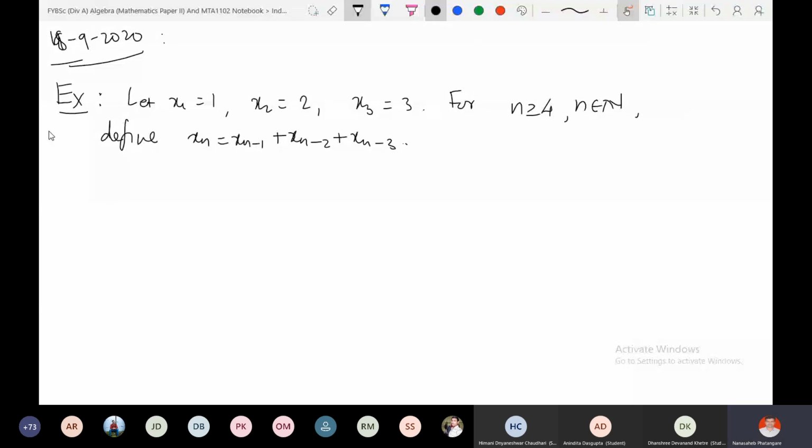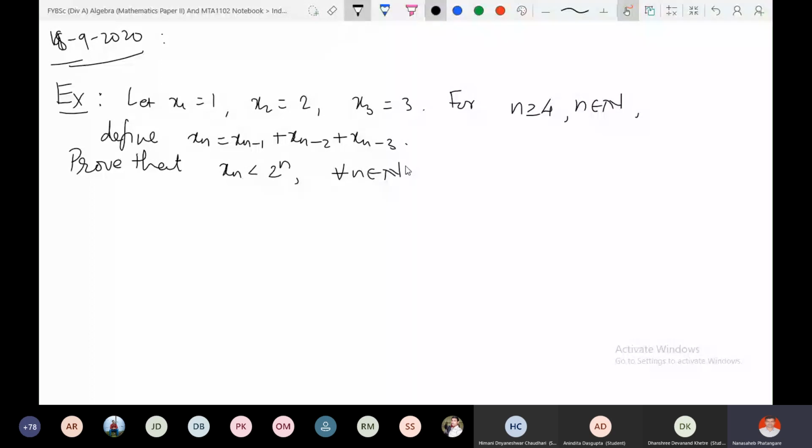So now prove that xn is less than 2 raised to n for all natural numbers. So this is our claim.